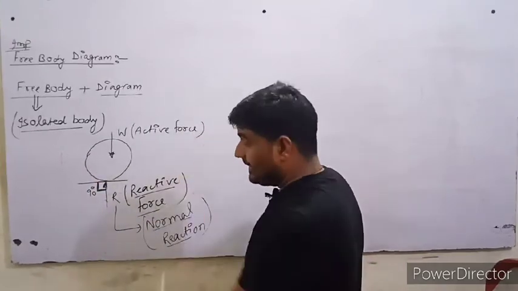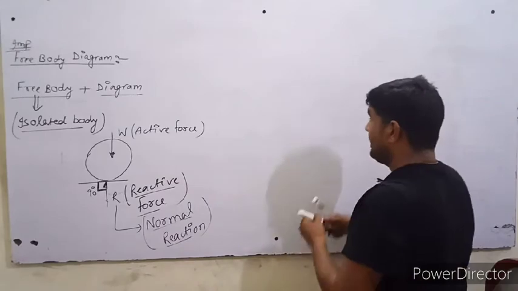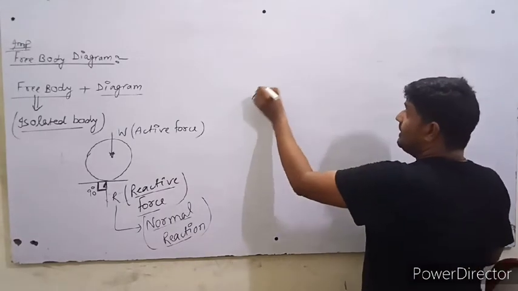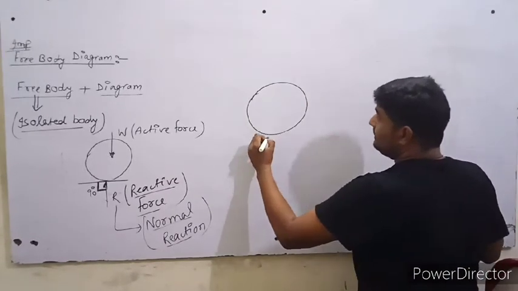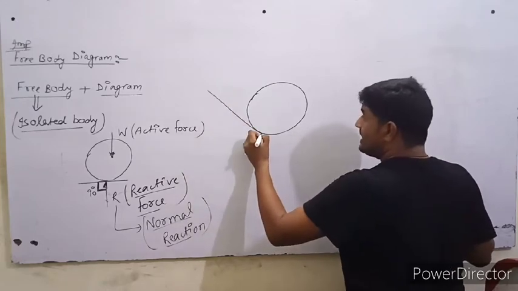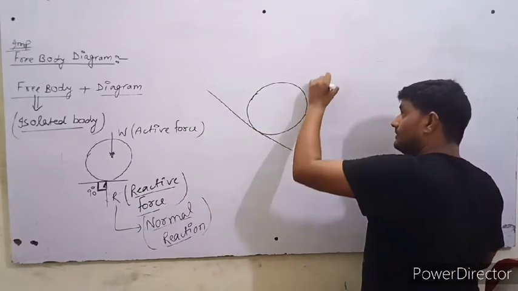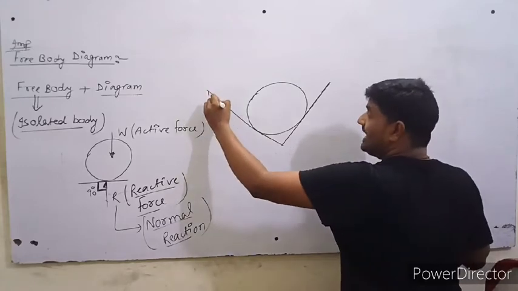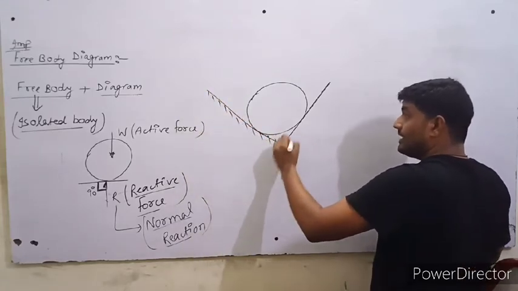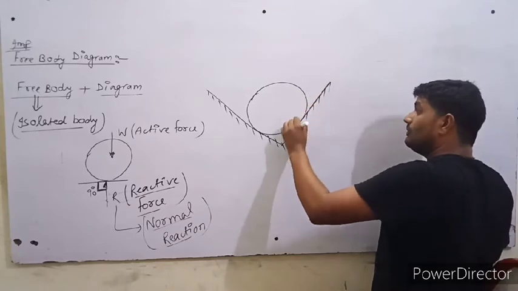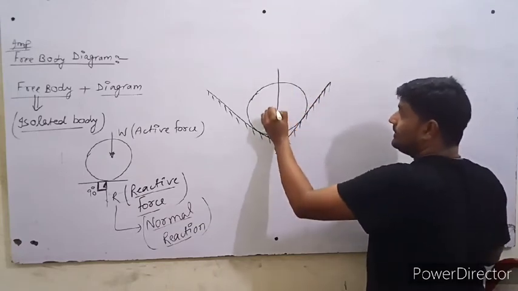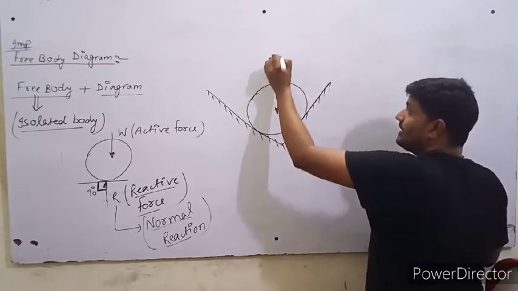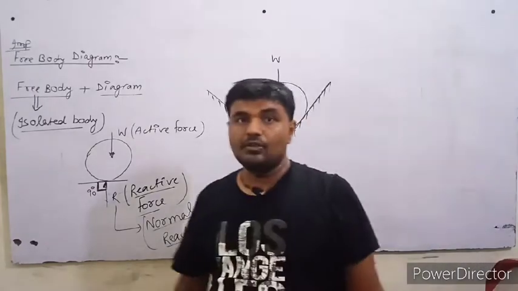I am now taking a second example. Again I am assuming a ruler resting in a V-shaped groove, as shown in the figure. This is the weight of the ruler.